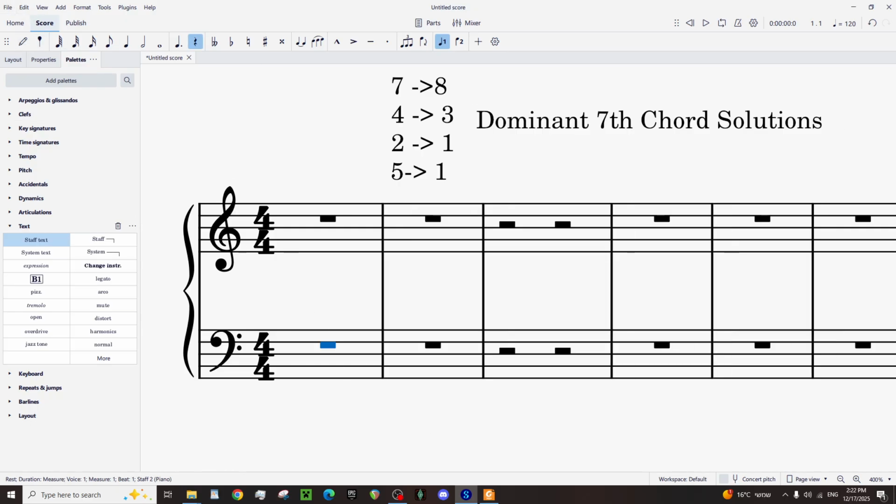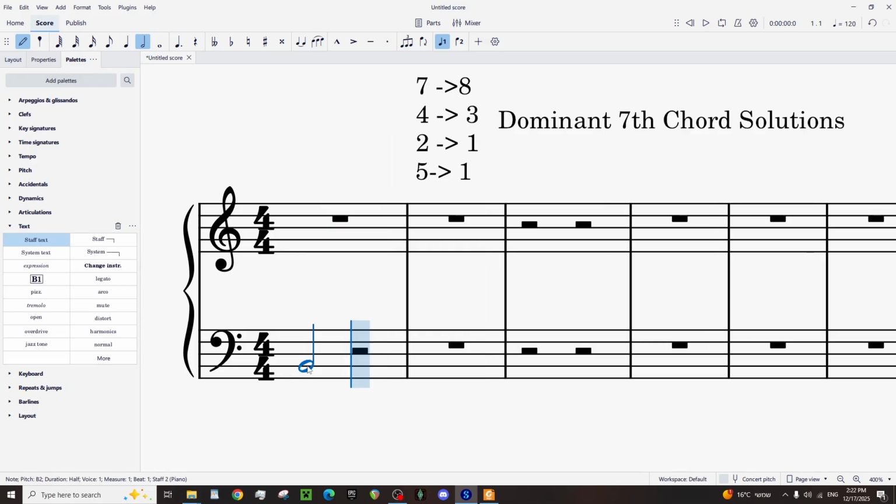Okay, so now next on line is an inverted chord. So we'll have the second inversion G chord. This one change.